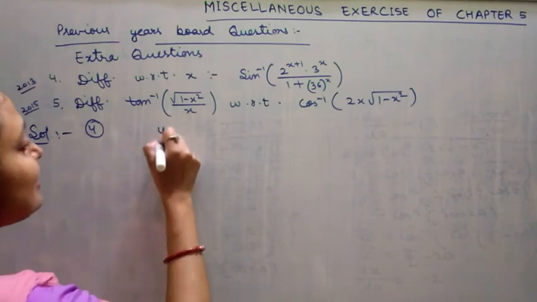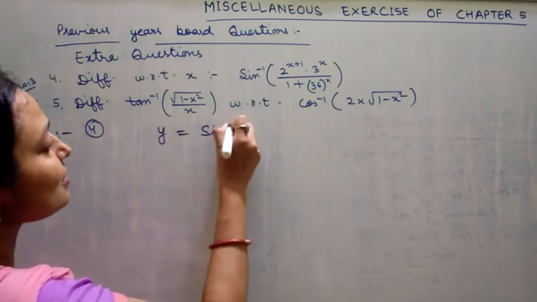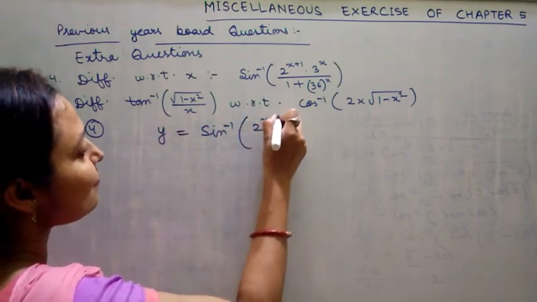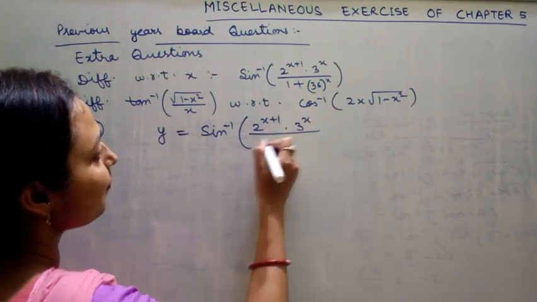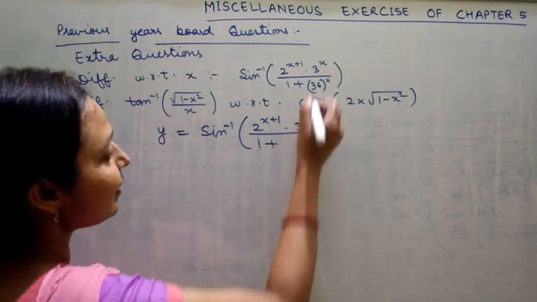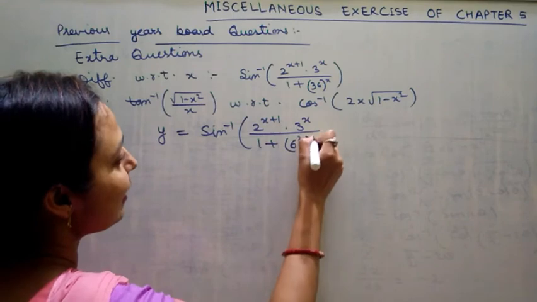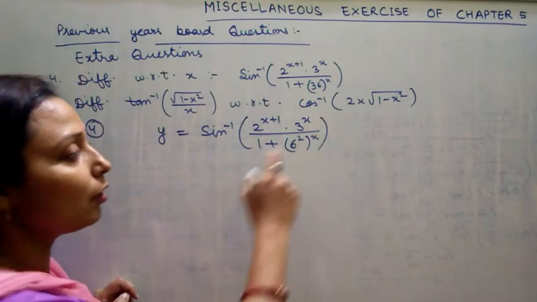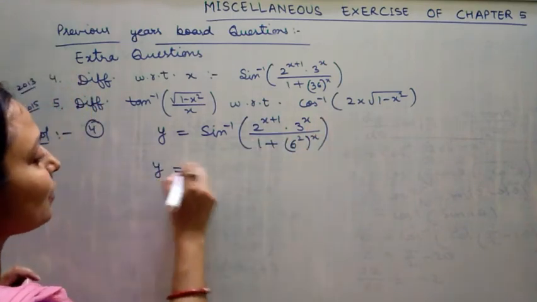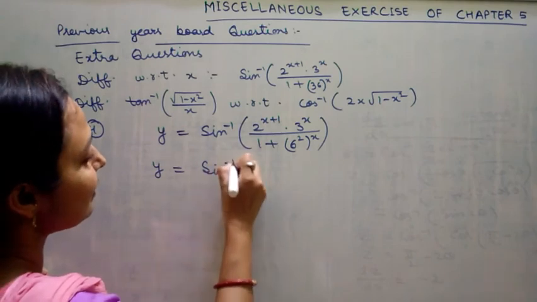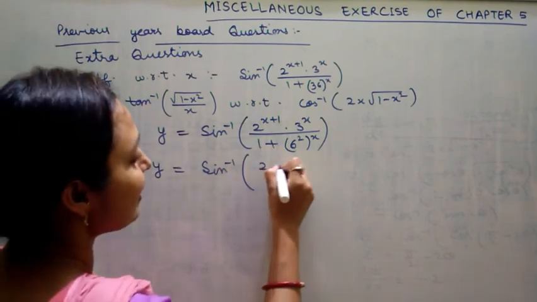The fourth question is y is given as sine inverse of 2 into 6 raised to the power x upon 1 plus 6 raised to the power 2x. You all know the formula of sin 2 theta, which you have done in class 11th.